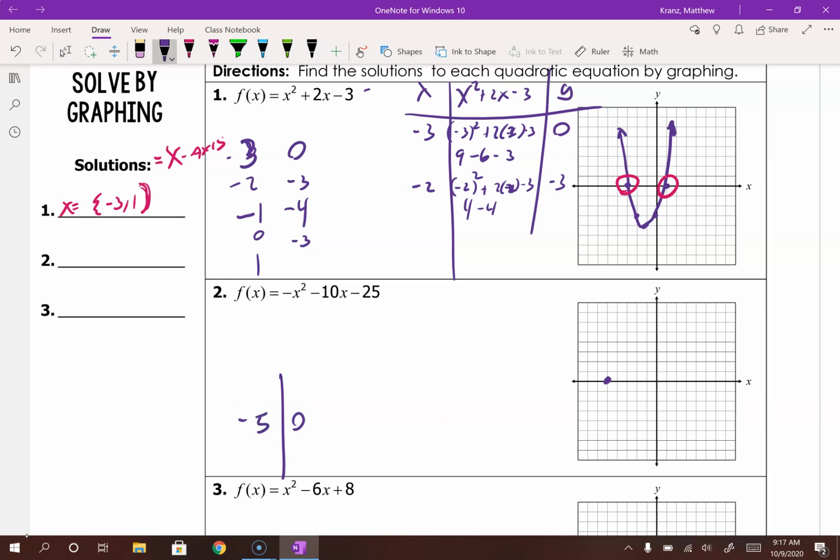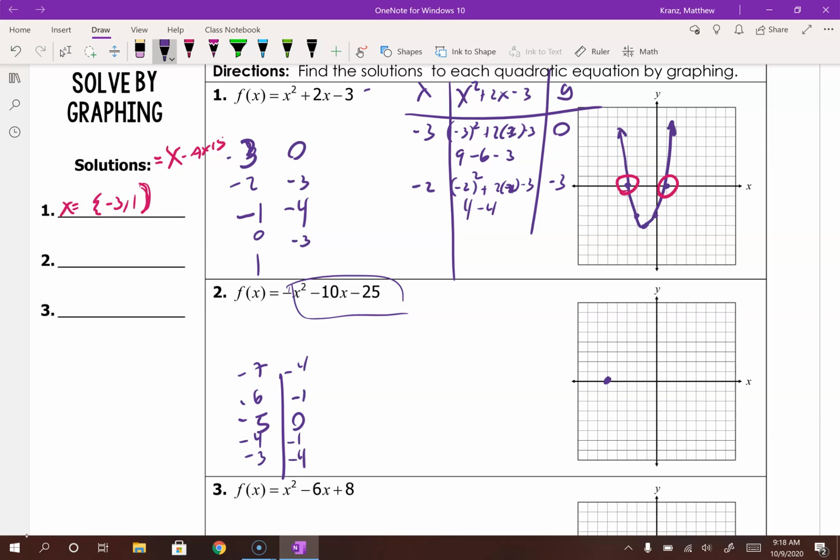So let's get another couple of points here. Let's get a -6 and a -7 and a -4 and a -3. When you pop them in by substituting, you'll get a -1 and a -4.